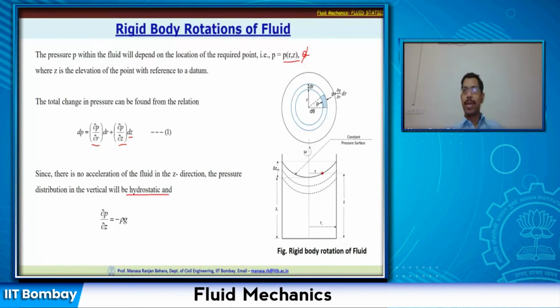So there is a centripetal acceleration here, but in the vertical direction there is no acceleration. So the pressure distribution in the vertical direction is hydrostatic, and ∂P/∂Z, from our basic hydrostatic expression, is equal to minus gamma or minus rho G. So we have found that ∂P/∂Z is equal to minus rho G.